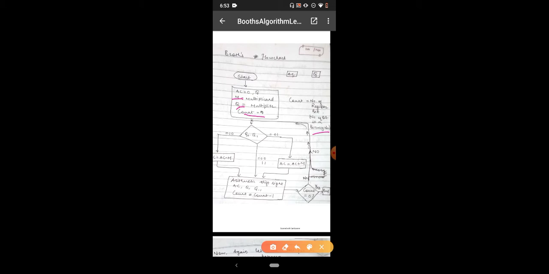Now next, we check the q0 and q minus 1 values.